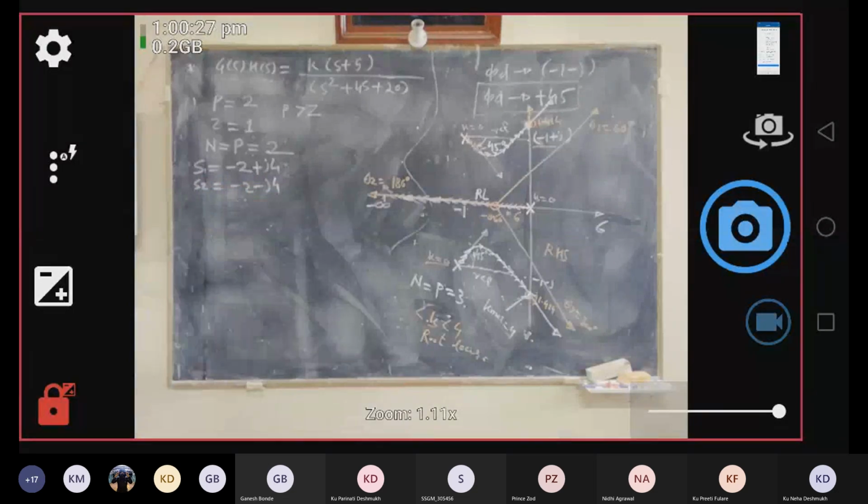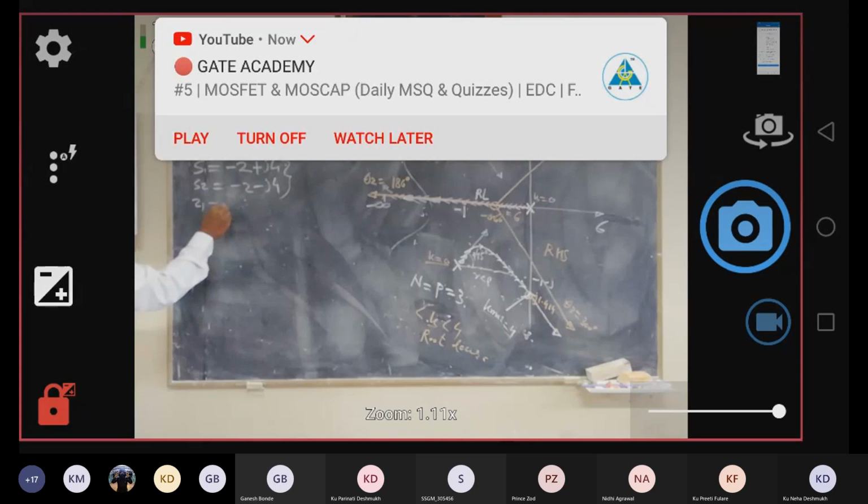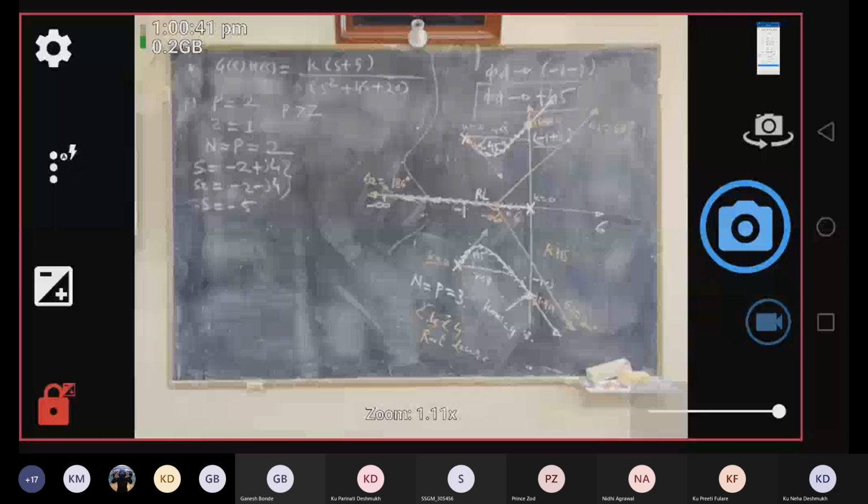These are the pair of complex poles, and 1 zero Z1 at s is equal to minus 5. Okay, so this is the basic information we have obtained from the open loop transfer function.